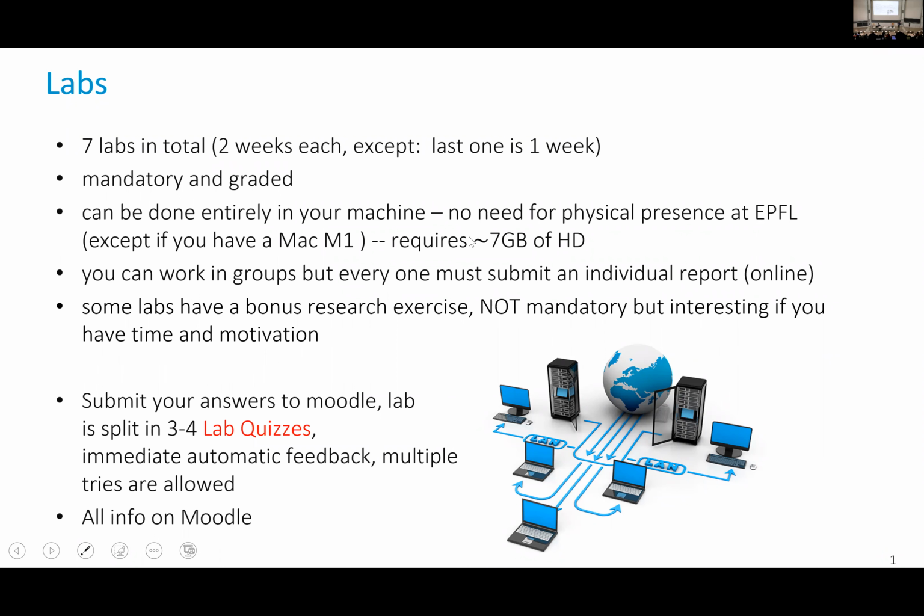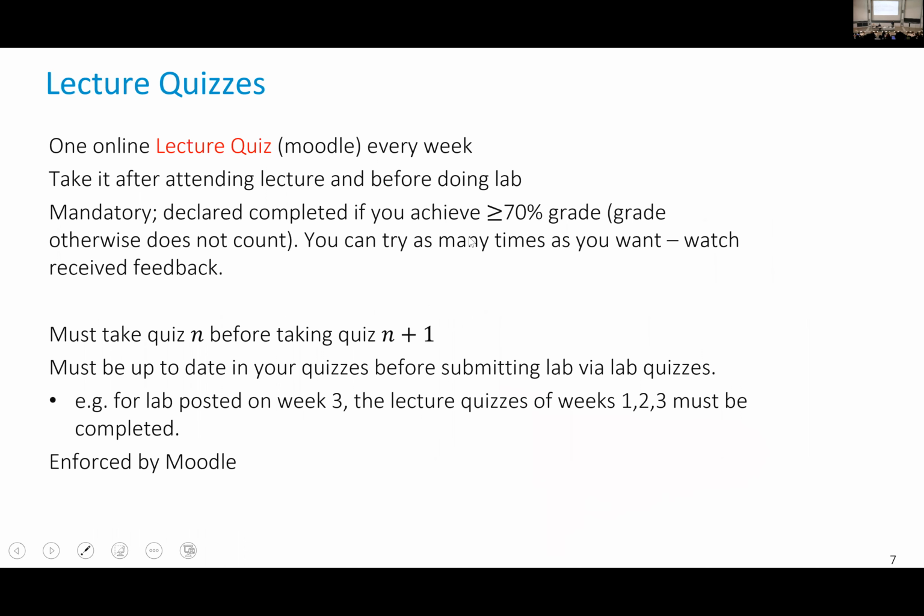And they will be graded by the computer. So as soon as you submit them, you will have the answer. If you're not happy with your grade and your submission, you can try again, as many times as you want. Only the best answers will count. And also you will receive more immediate feedback as soon as you have done 1/3 or 1/4 of the lab. So all info is on Moodle about this.